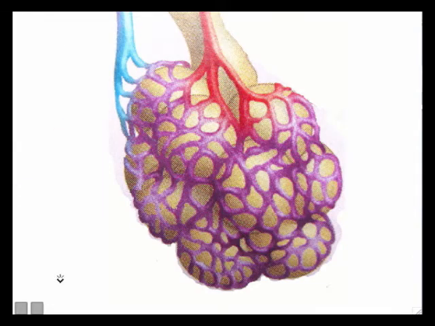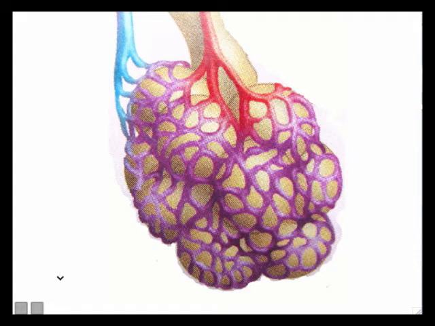And here's the textbook's illustration of exactly that. There's the bronchiole, here's the cluster of alveoli, and here's the air coming in. The blood picks up oxygen as it's flowing through these blood vessels on the surface of the alveoli, and now the oxygen-rich blood flows away.